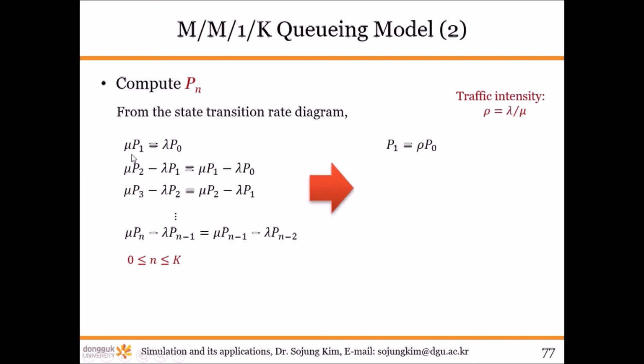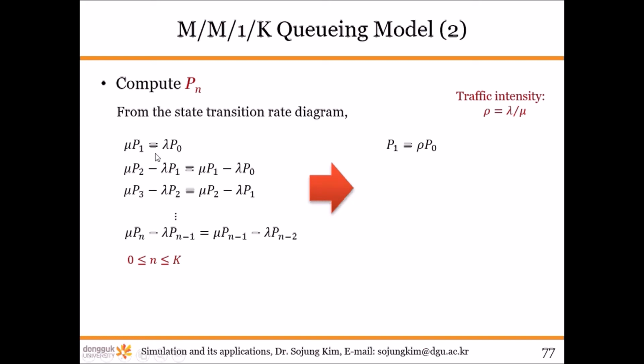So mu times P1 should be equal to lambda times P0, right? So P1, P2, these are the probabilities of the state n, right? When the system has 0 customers, we have P0 as the state probability, and P1 means the probability of the system having 1 customer, right? So something like that.